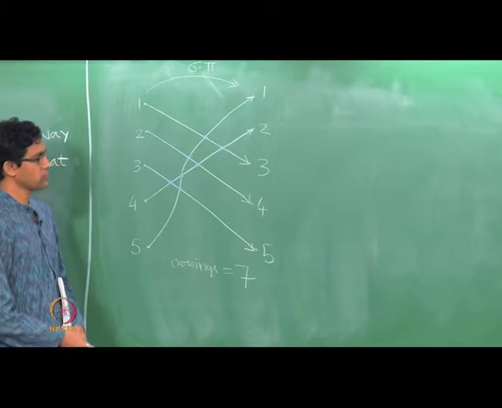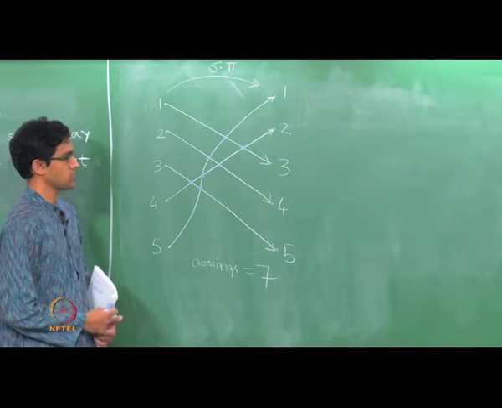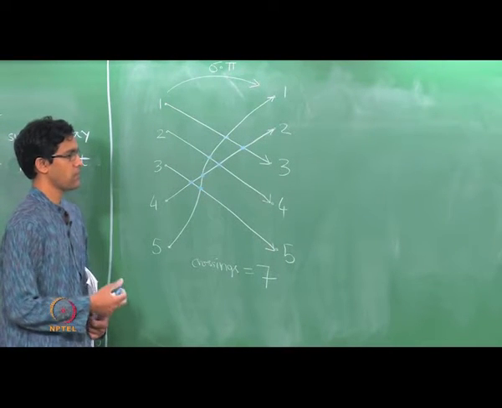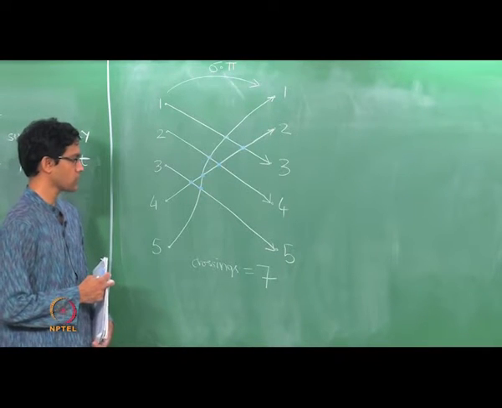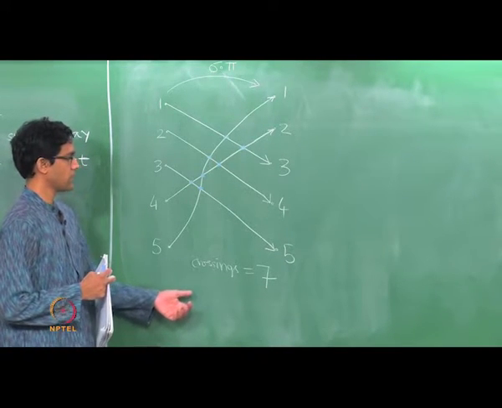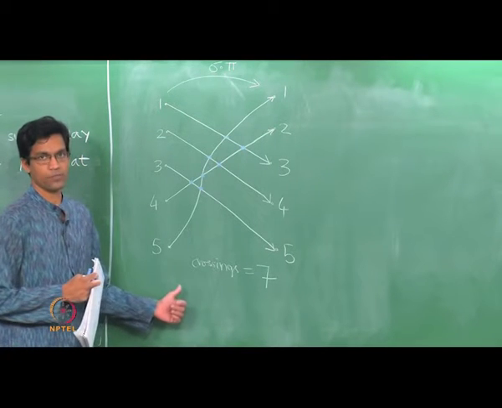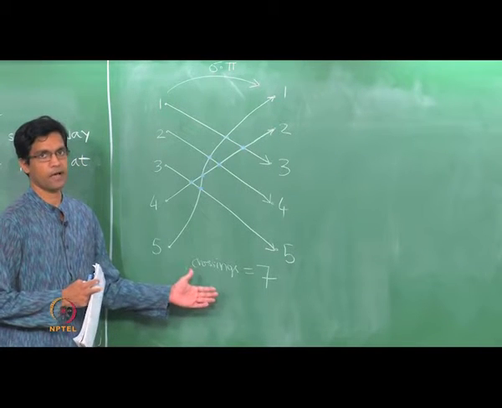So what we now have on the board are both diagrams. On the one hand we have the diagrams for sigma and pi, and we noticed they had 8 and 3 crossings, and on the other hand we have the diagram for sigma composition pi, where we notice they have 7 crossings.